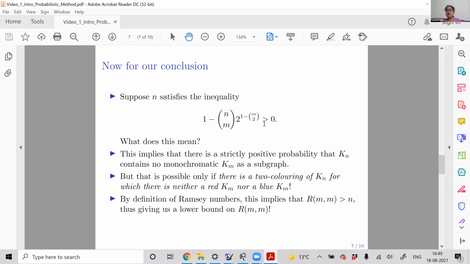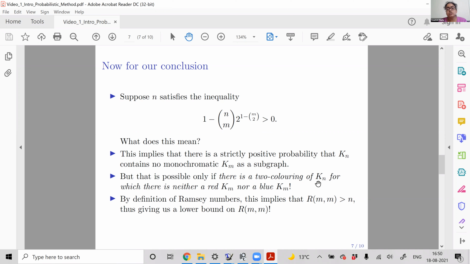So if you have an event whose probability is strictly positive, this means that the event has a positive chance of occurring, of happening. So that means that there is actually a way of assigning a 2-coloring to the edges of K sub n such that under that 2-coloring, you have neither a red K sub M nor a blue K sub M.